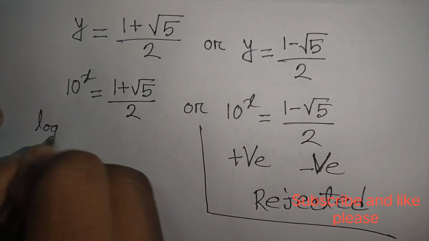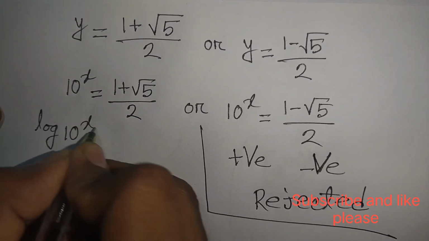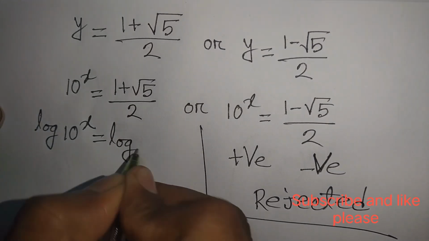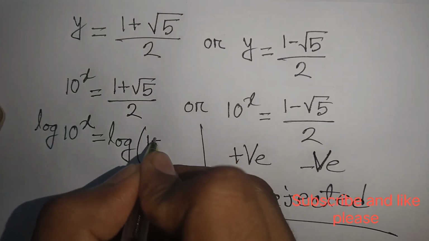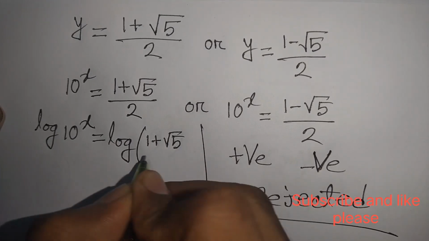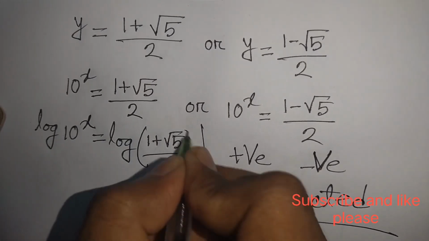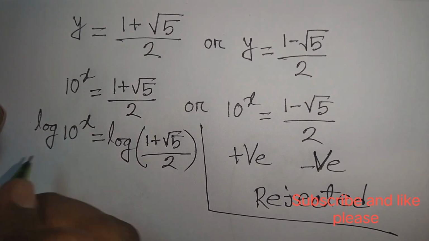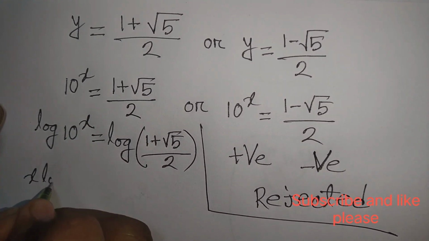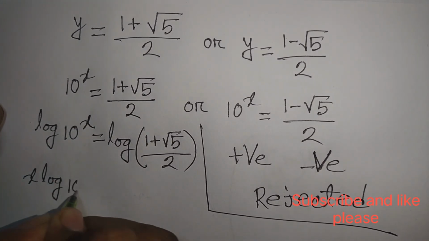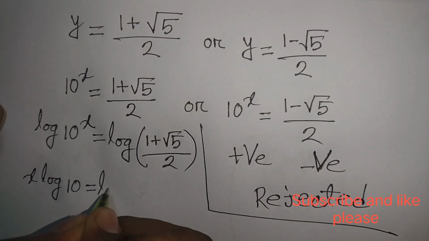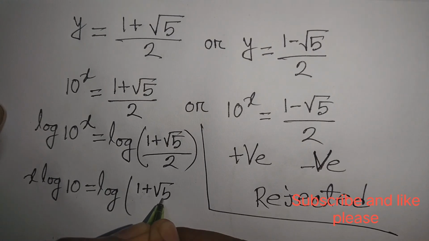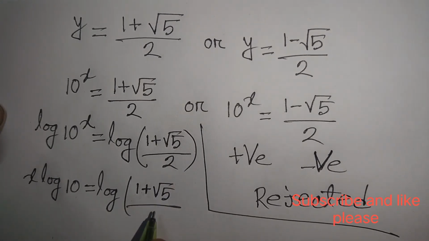You can write here log of 10 power x is equal to log of 1 plus a square root of 5 divided by 2. Now this power x will move to the front, so it will be x log 10 is equal to log of 1 plus a square root of 5 divided by 2.